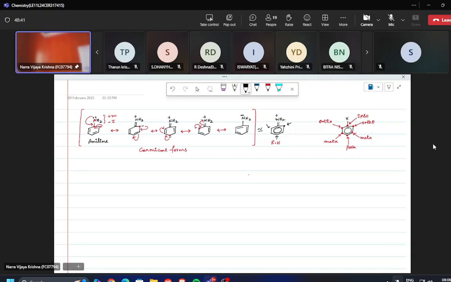So can I write that as -1/3? Possible or not? -1/3 here, -1/3 here, -1/3 here. Overall, what is the net negative charge? -1. Overall, what is the net positive charge? +1. Clear?